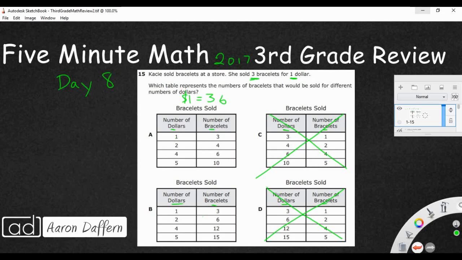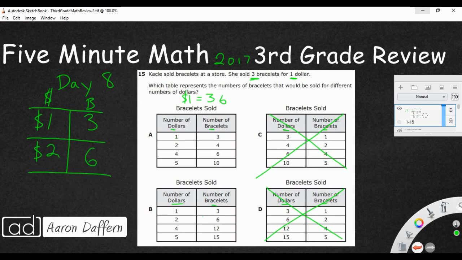So now we need to see if we can figure out how we would extend this. So if we had $1, that equals 3 bracelets. So let's see. We're going to put money, we're going to put bracelets. Well, I would expect if I were to double the money, $2, then I could double the bracelets up to 6.